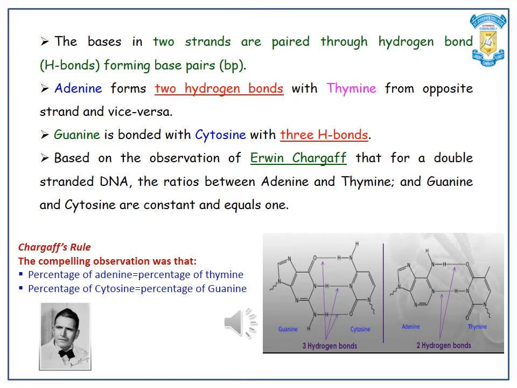This is based on the observation of Erwin Chargaff that for a double-stranded DNA, the ratios between adenine and thymine and guanine and cytosine are constant and equal to 1. Chargaff's rule: the percentage of adenine equals the percentage of thymine, and the percentage of cytosine equals the percentage of guanine.